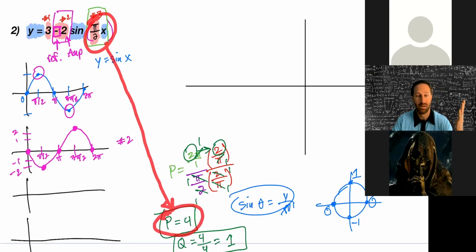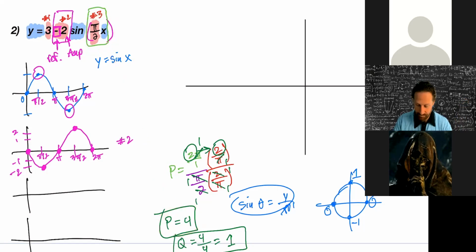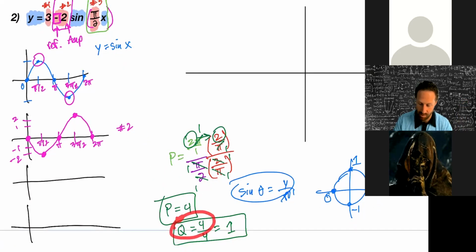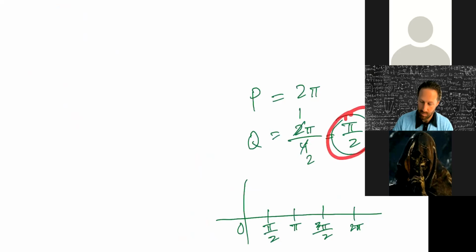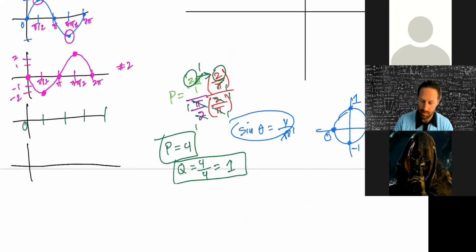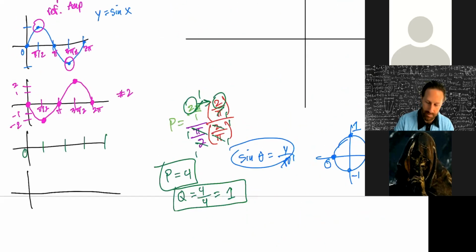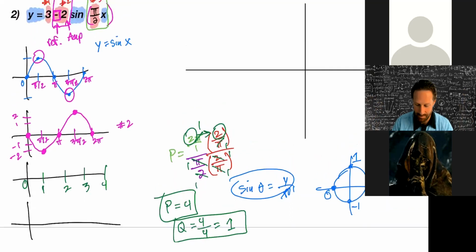The pi's disappeared. That's good. And when we cut it into fourths to get our quarters, we now have this, which means still going to make my 4 quarters, still going to start at 0, but now I'm going to go by, instead of a pi over 2, I'm now going to go by 1, 2, 3, 4. That works out really well.